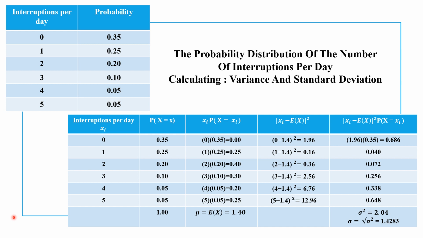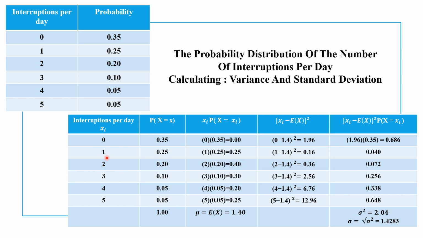So what you have to do is you have to square the difference, right, and multiply by the probability. So it's (0 minus 1.4) squared, and then you multiply that squared difference by the given probability. For the first instance, it is 0.35. So, a possible squared difference times the probability.